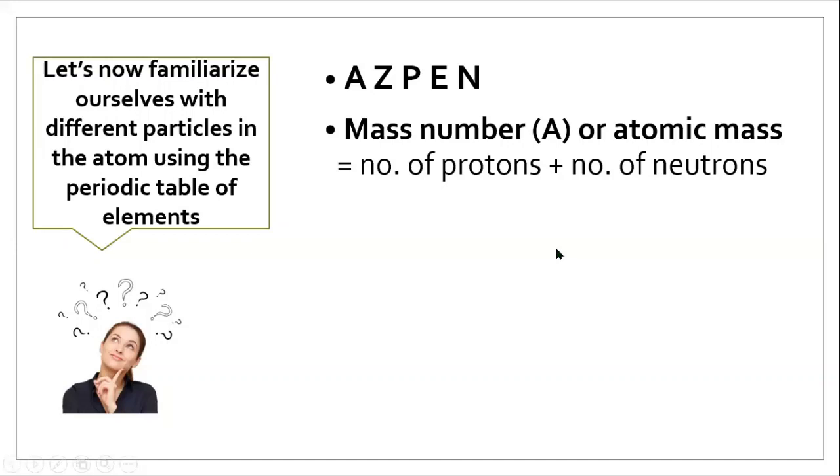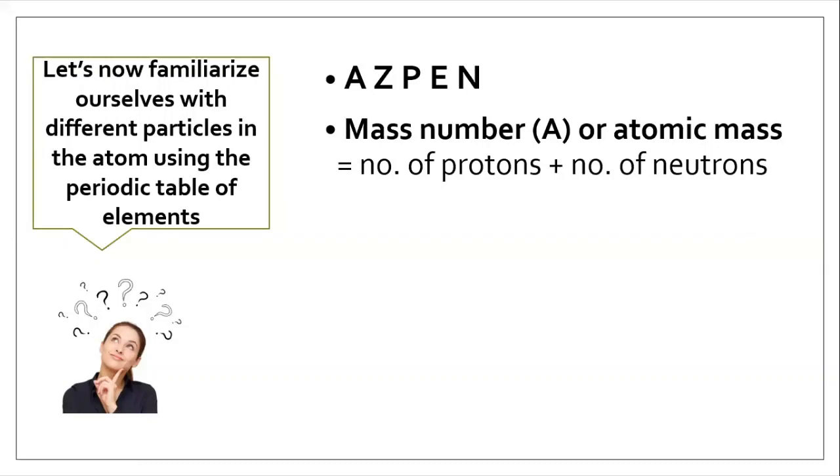How are we going to compute for the mass number, or what we call the atomic mass? The one I commonly use when we compute is the mass number, not the atomic weight.